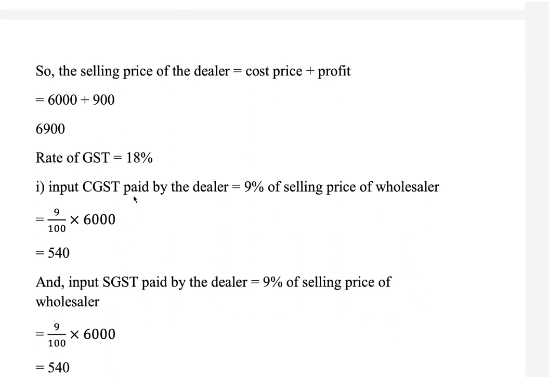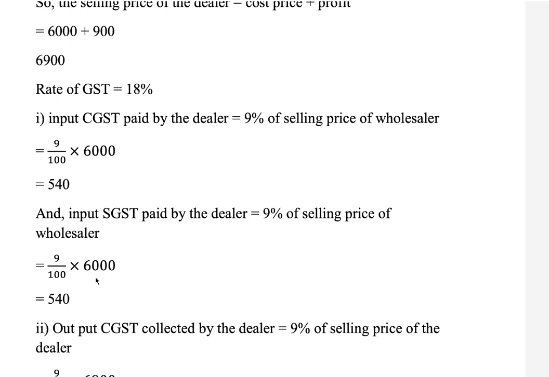So input CGST paid by the dealer, so 9% of the selling price of wholesaler. Okay, so that 6,000 rupees into 9%, that is 540. Okay, and input SGST also 9% of the selling price of the wholesaler, that is 6,000 into 9%, 540.